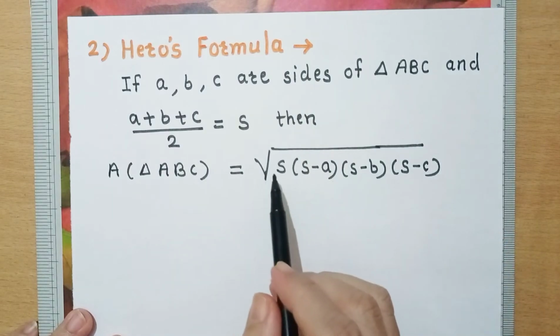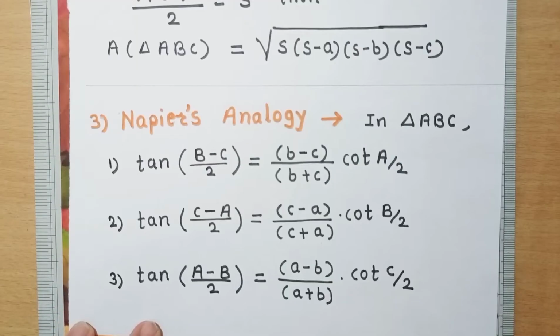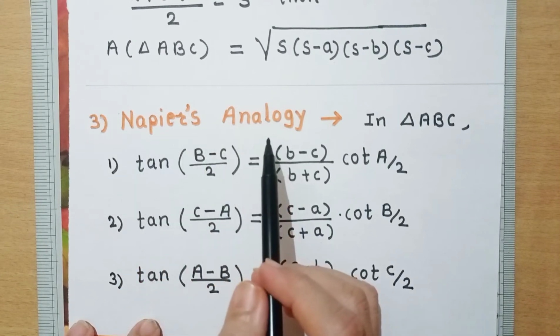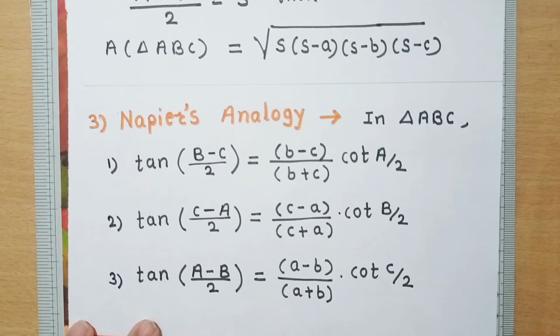You have to use this formula and find the area of a triangle. And the third application is Napier's analogy, and these are the three statements.